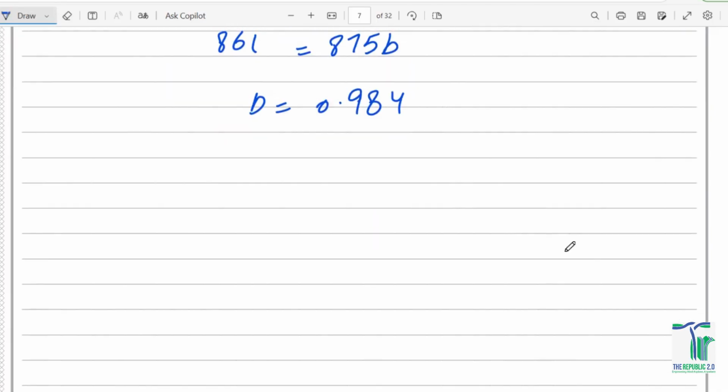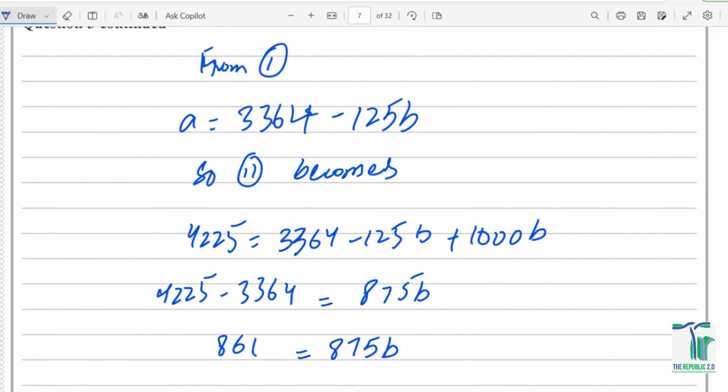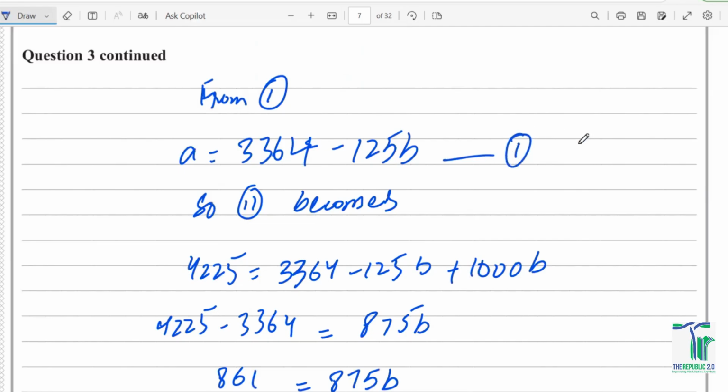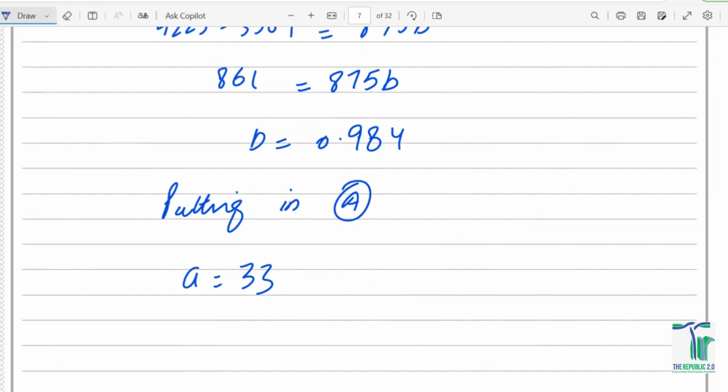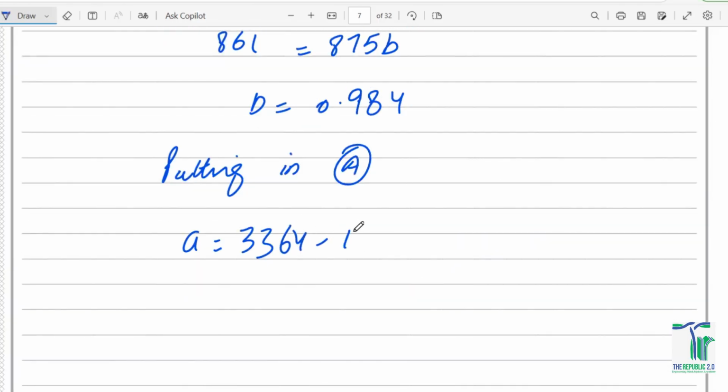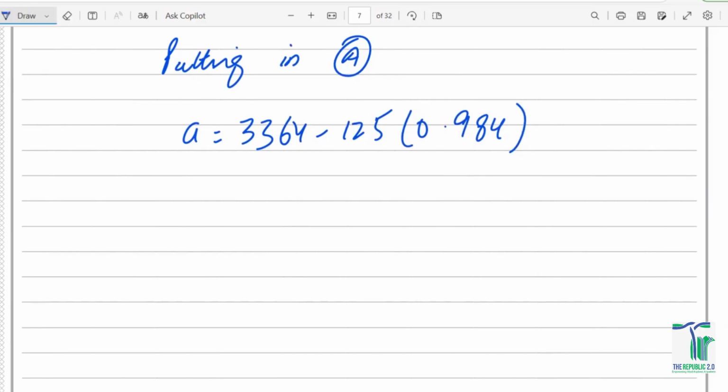Now I'm going to put this value into the value of a, right? So putting in a, what was your equation for a? This one, right? I'm just going to plug that value over here, and I would be having a equals 3364 minus 125 times 0.984. By just solving it down, times it by 125 and you'll have 123.